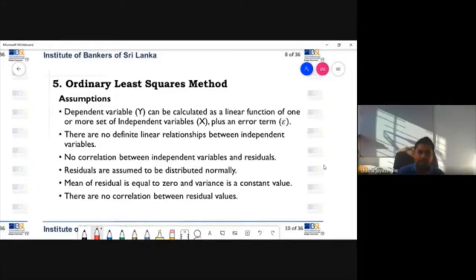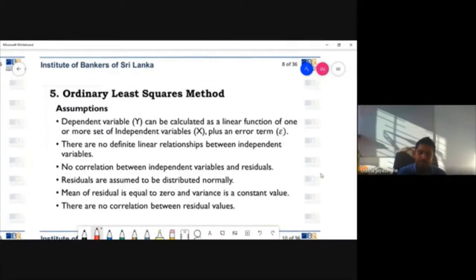This fourth one tells you that the residuals are nicely put in a normal distribution. And the last one tells you that there's no correlation of these residual values if you try to find one.